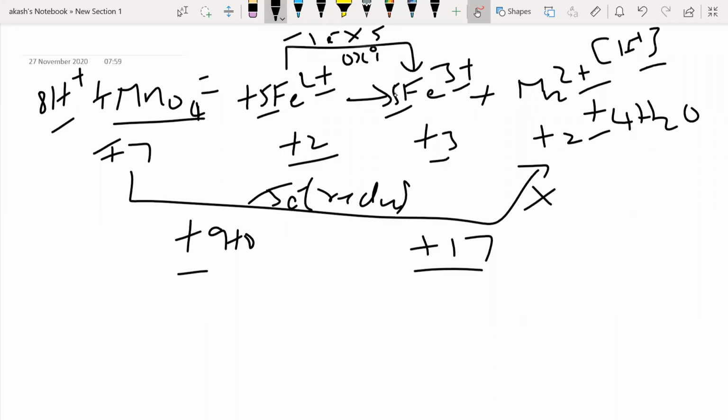If you solve more questions, you have to be very, very careful when I have Cr2O7 and all. Now you will have 2 on the reactant side, and on the product side you will have only 1. If you use the oxidation number method, this will be +6 and this will be +3.